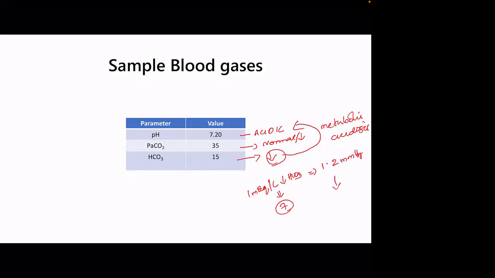So this should be 7 into 1.2, 8.4. If we consider 40, it is around 35. So there is compensation happening in the respiratory component, but it is not completely compensated, and hence the pH is on the acidic side.